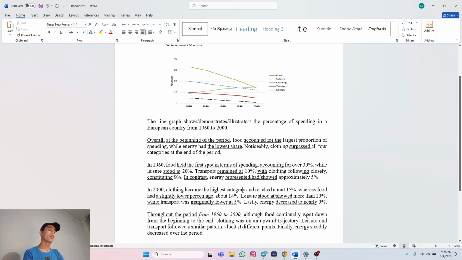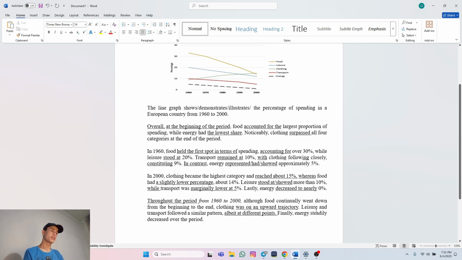Instead of went up, we used an upward trajectory in order to avoid repetitive words, right? Okay, we described two categories, food and clothing, for this year's information. From the beginning to the end means these years also. And leisure, this blue one.